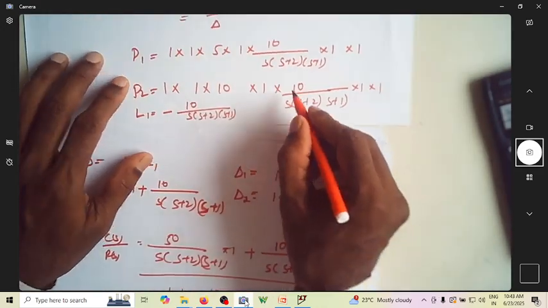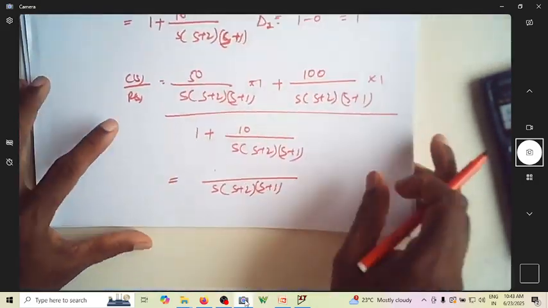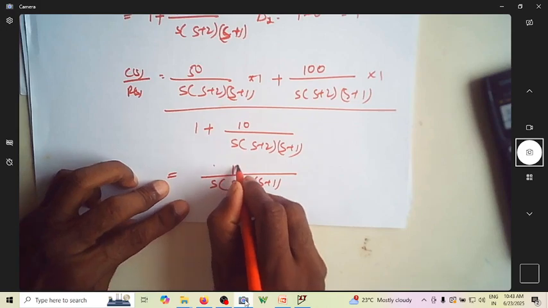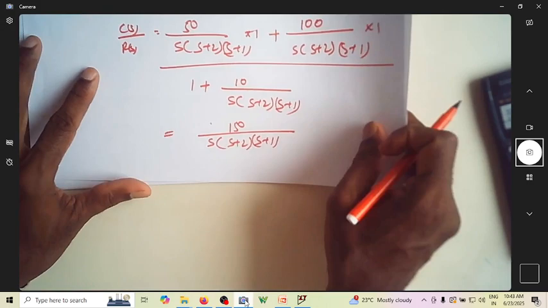Okay, this is actually 10 into 10. So this is now 150 by so and so. And how about, and we have forgotten one more loop.